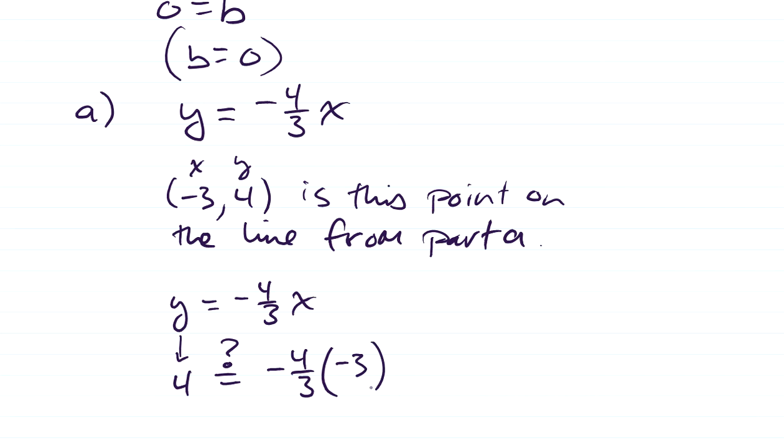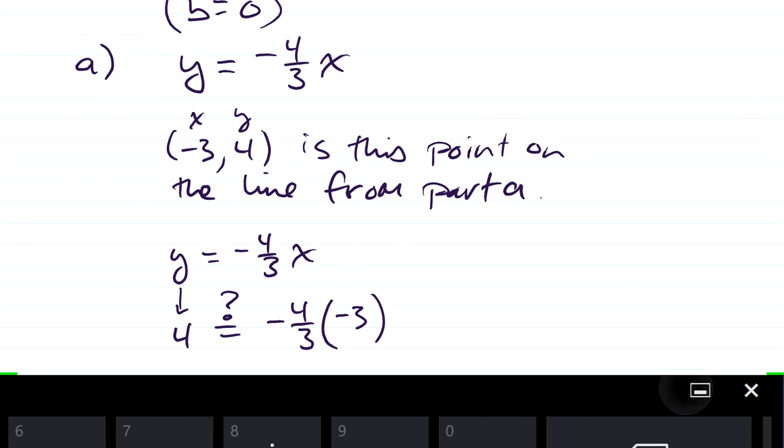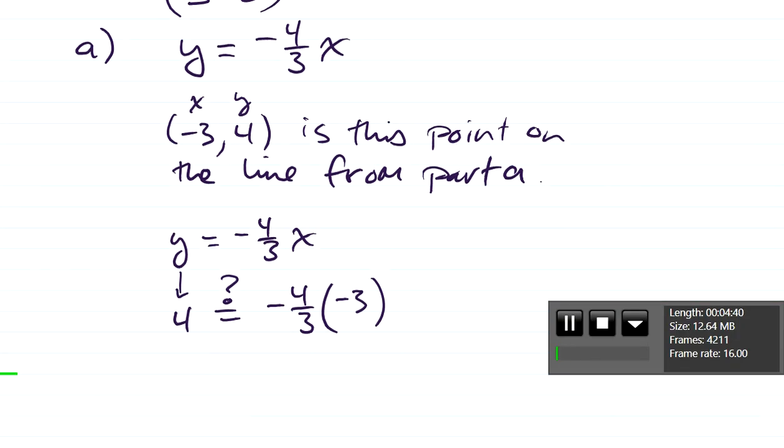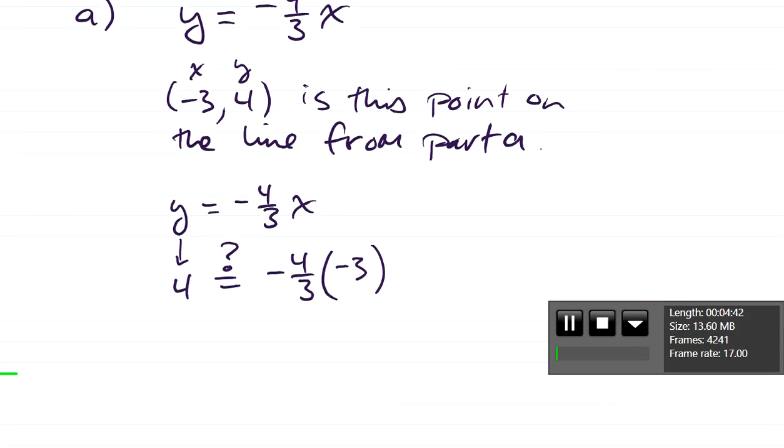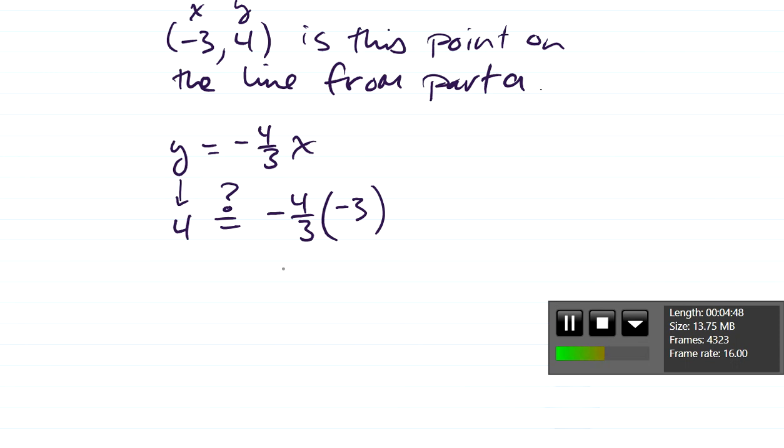If I multiply -4 times -3, sorry about that, that gives me +12, and 12 divided by 3 is 4. So this becomes +12 over 3, which is 4, and I have a 4 on the other side.